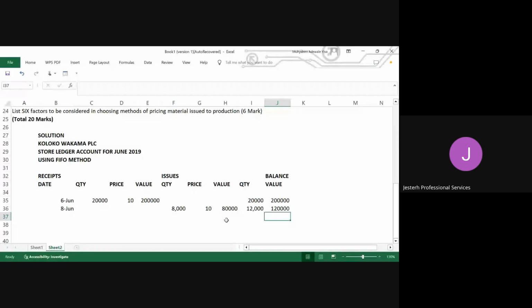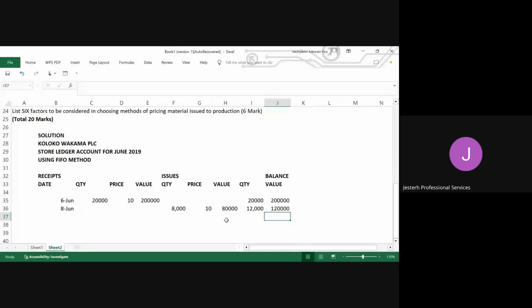But the key point here is we are using the FIFO method, which says what comes in first is what we are going to give out first, with the same price at which we purchased these things. This helps an organization have a balanced approach to valuing their inventories.